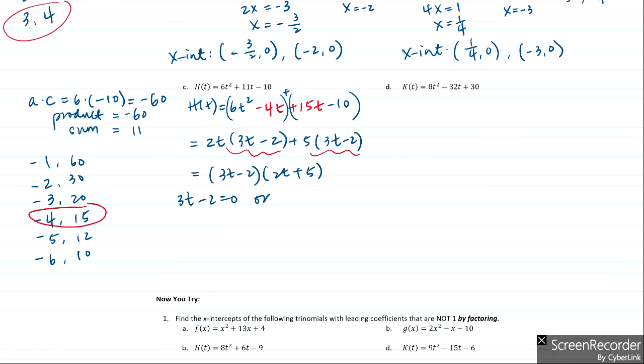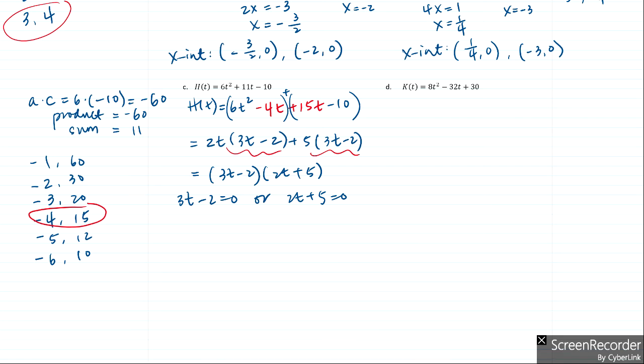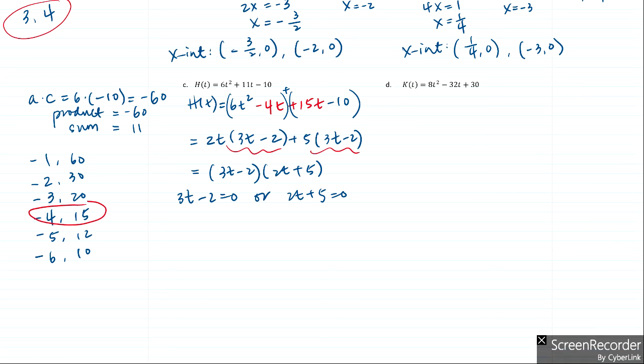So we can have 3t minus 2 equals 0 or 2t plus 5 equals 0. With this, we can go ahead and solve each linear equation separately. First one tells me 3t equals 2 or t equals 2/3. The second one tells me 2t equals negative 5 or t equals negative 5/2.